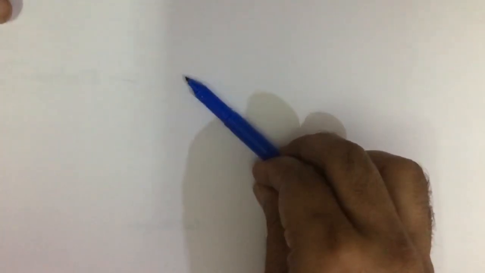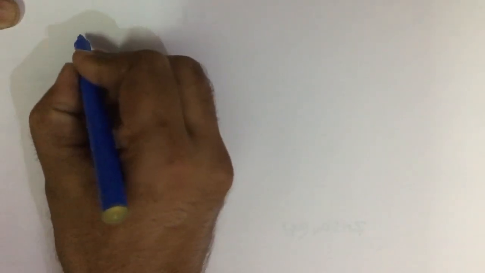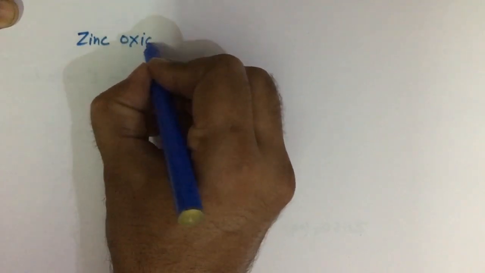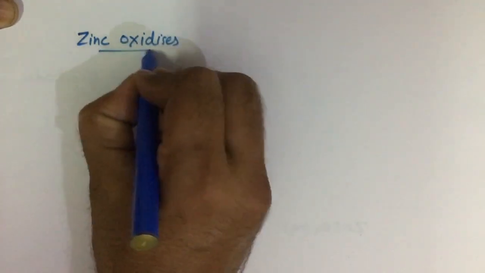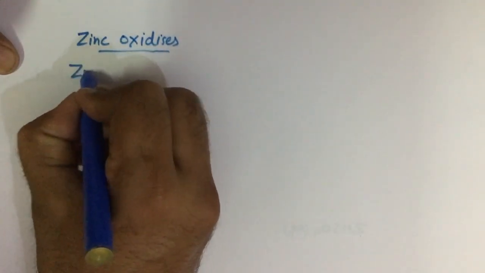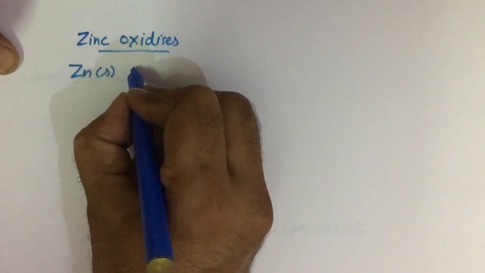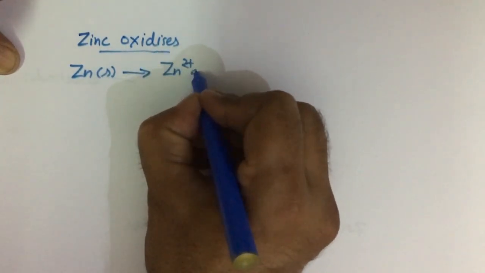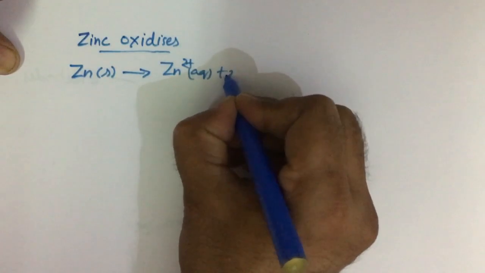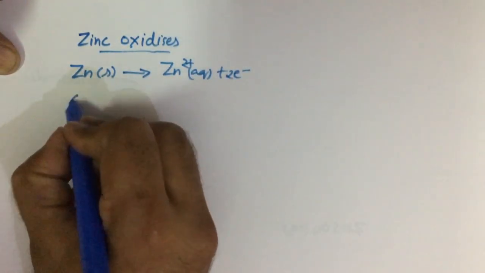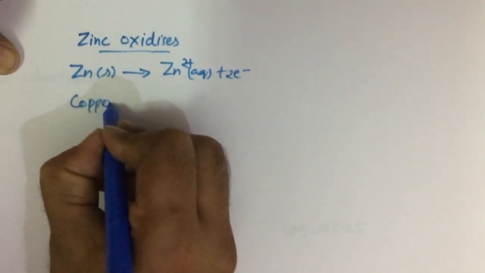Now when the electron moves from zinc to copper, the zinc oxidizes, and the following reaction takes place at the zinc electrode: zinc solid forms zinc 2 positive aqueous plus 2 electrons, and copper will take up the 2 electrons.